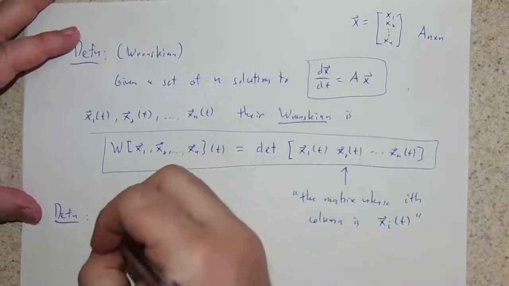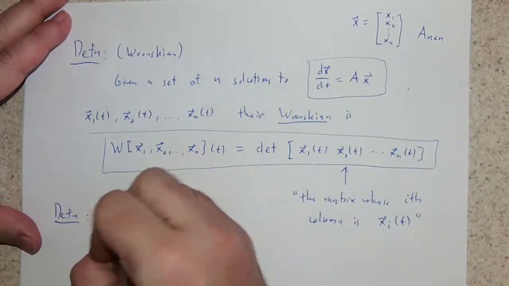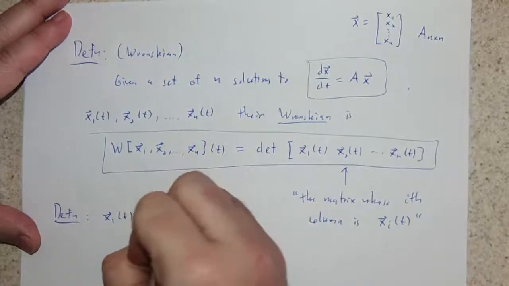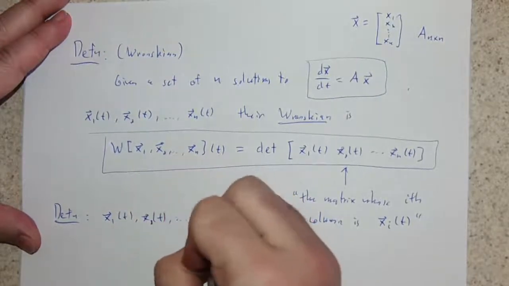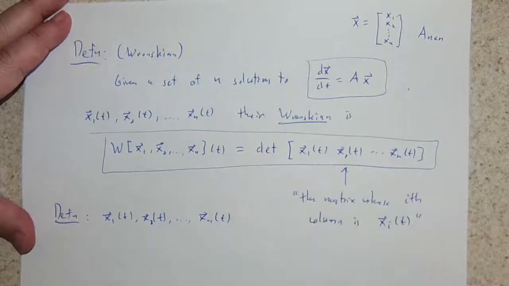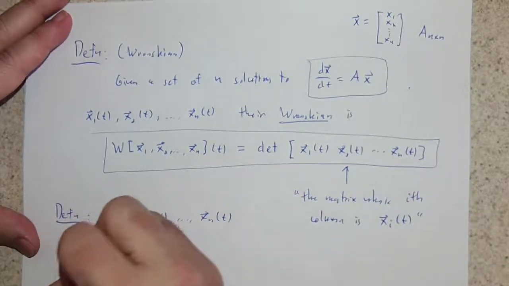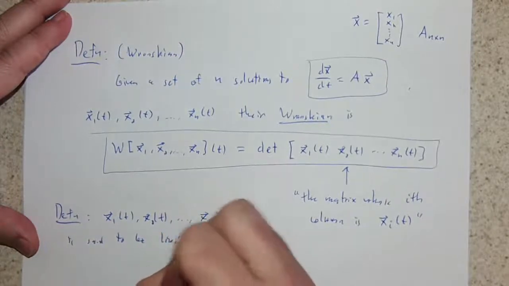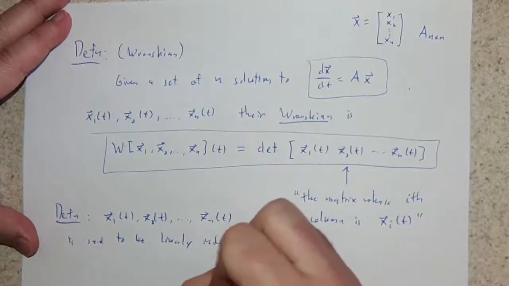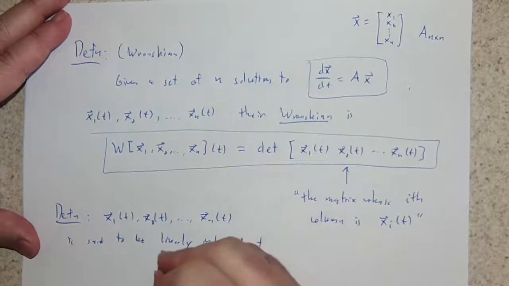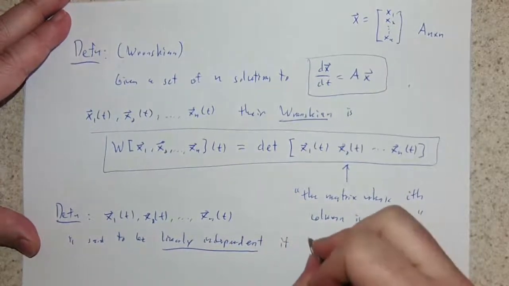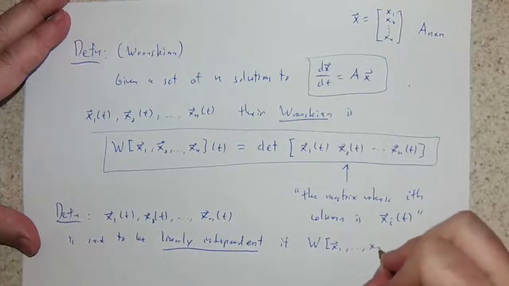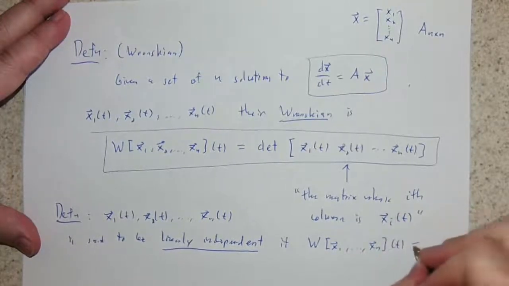So x sub 1 of t and x sub 2 of t and so on all the way out to x sub n of t, this whole collection of n solutions is said to be linearly independent if the Wronskian is non-zero.